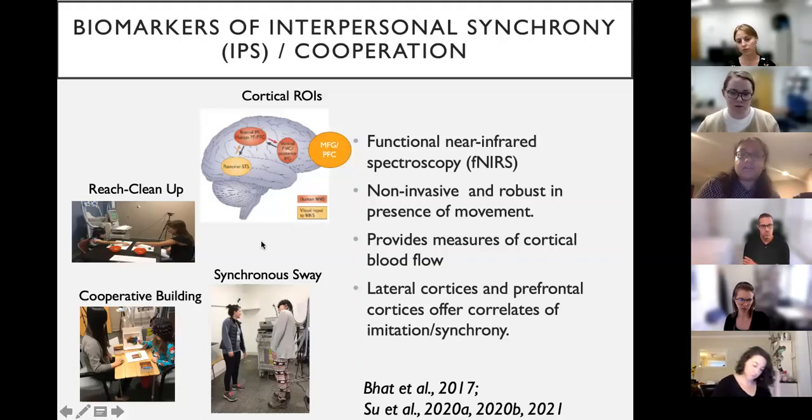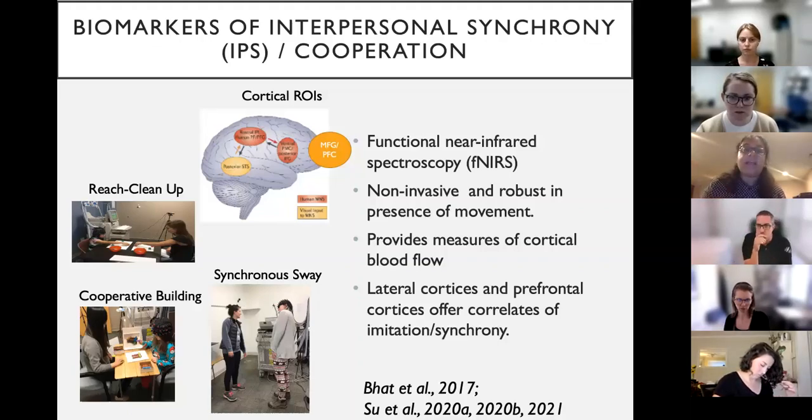And as I know that many of you do neuroimaging with Matt, you know that fNIRS has its flaws, which is it can only collect data on cortical activation and not anything deeper than that. And it is also the activation that you collect is a function of the way your probes are set up.